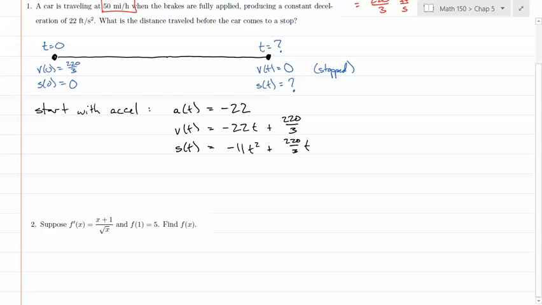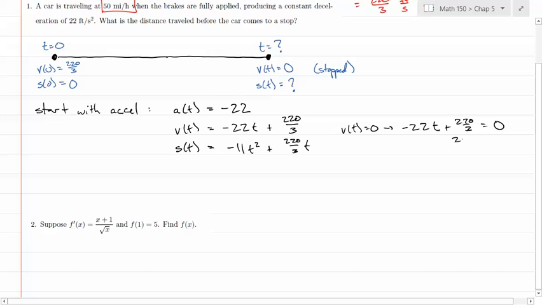You can figure out the t value when the car stops by realizing that at that t value, the velocity is 0. So v of t equals 0 means that negative 22t plus 220 over 3 equals 0. And that's a pretty easy equation to solve. 220 over 3 would be 22t.